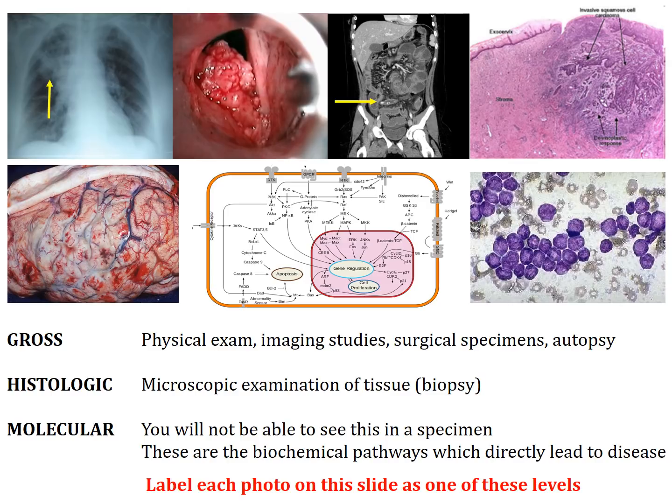So at a molecular level, we're going to look a little bit at some of these pathologies, and we're going to look a little bit at a molecular level where some of these drugs, particularly some of these newer therapies, have their effect. Now, something that you can do, this should be relatively easy. Look at each picture on this slide, and label each one as either being gross, histologic, or molecular. That should be fairly easy to do.